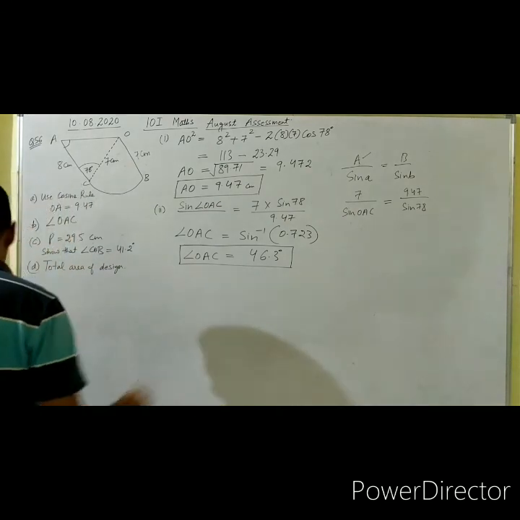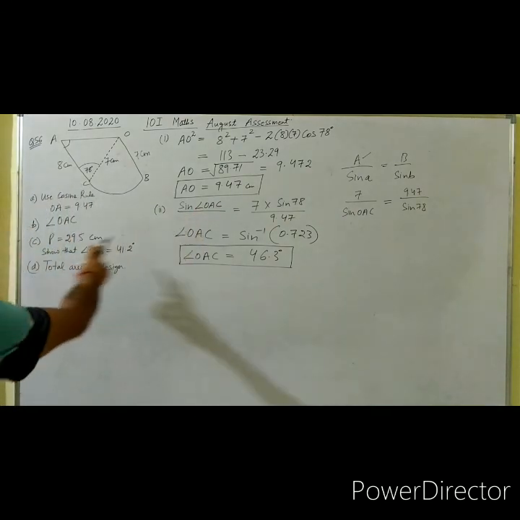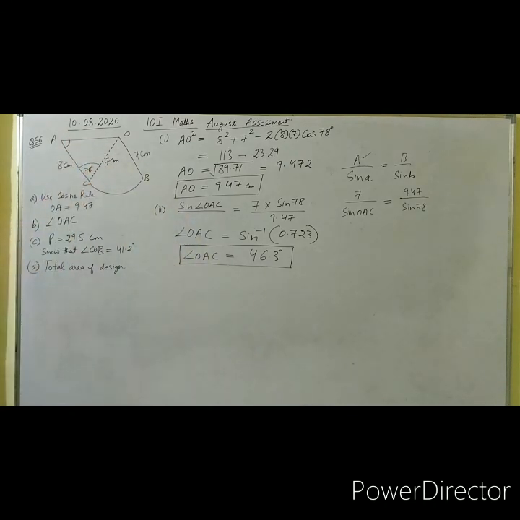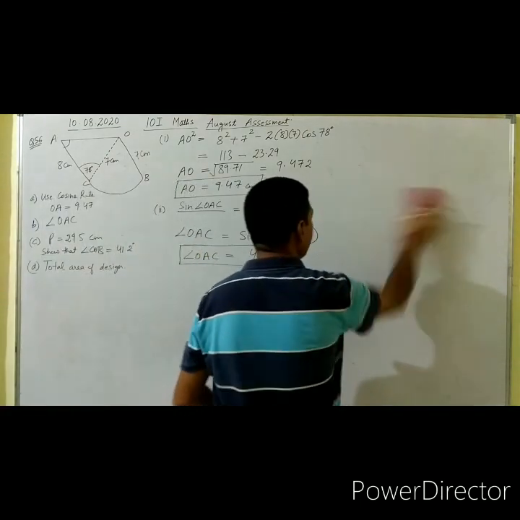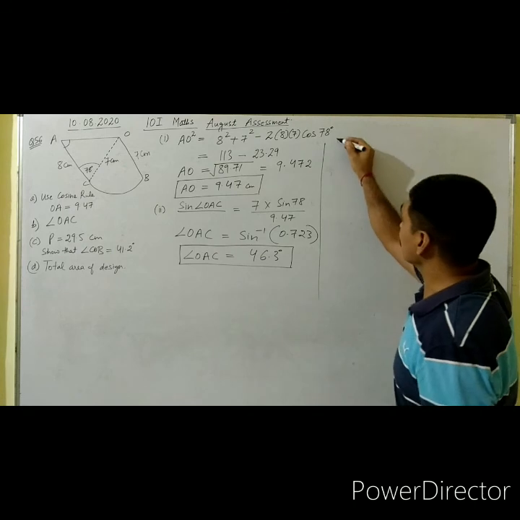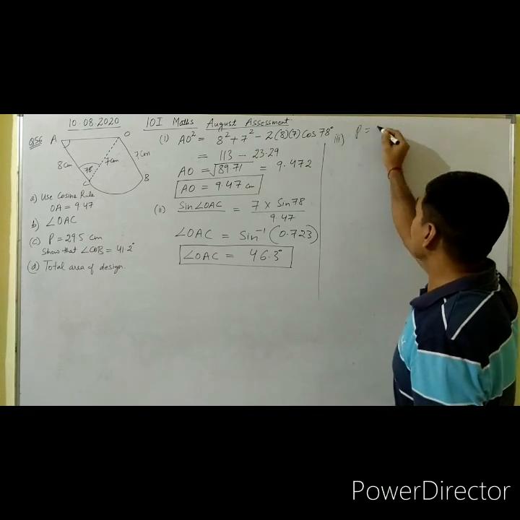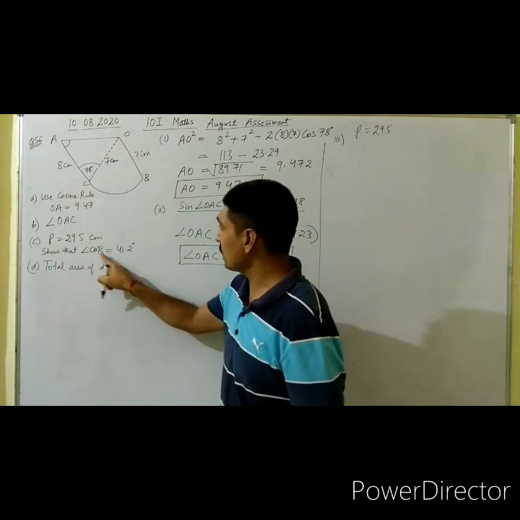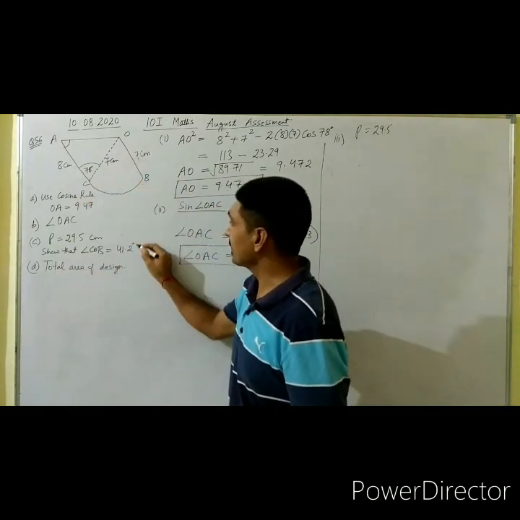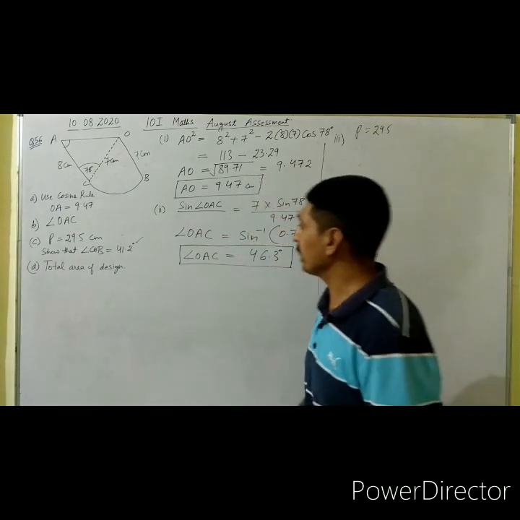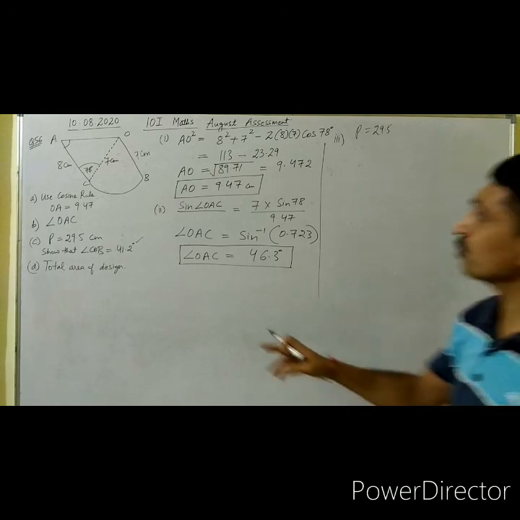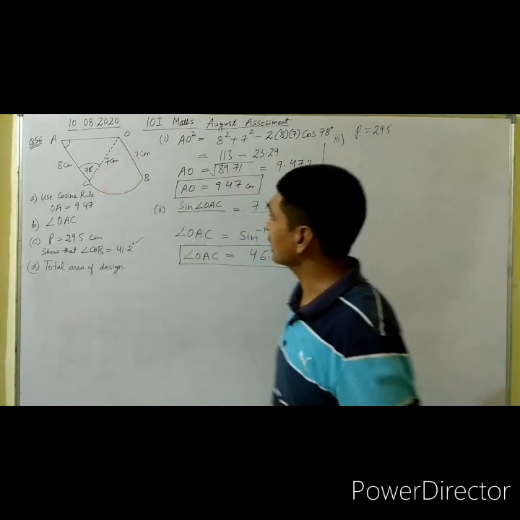Now about your third part, the total perimeter, that is 29.5, right? The perimeter of the design that is given is 29.5 centimeter. Now show that angle COB is 41.2 degree. So first of all, we have to find the length of the arc, right?